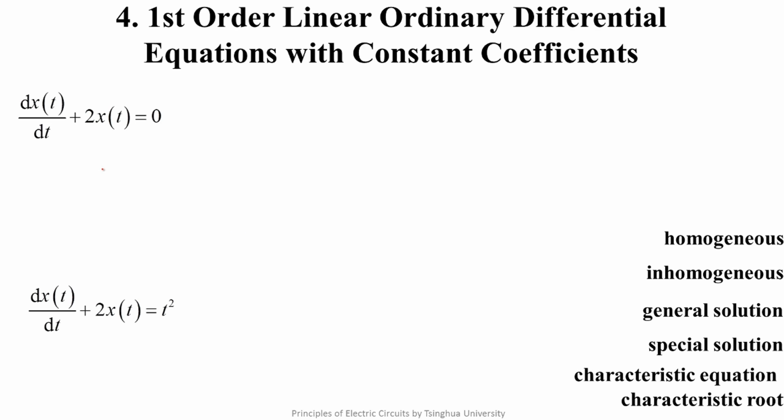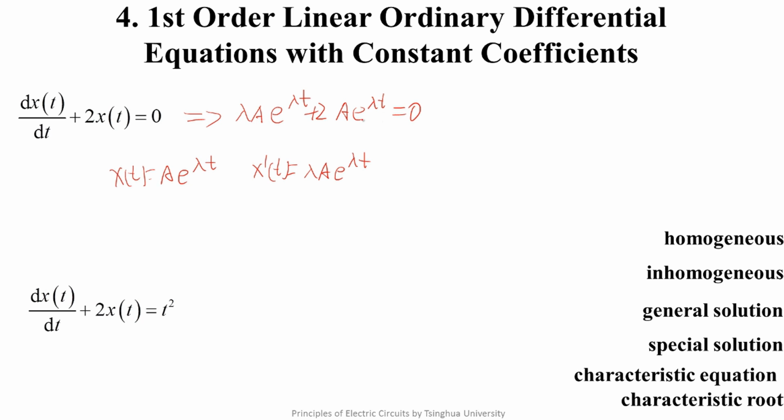Next, we guess that x(t) is an exponential term, that is, x(t) is a times e to lambda t. x prime t is lambda a e to lambda t. Then the equation can be written as lambda a times e to lambda t plus 2 times a times e to lambda t is equal to 0.